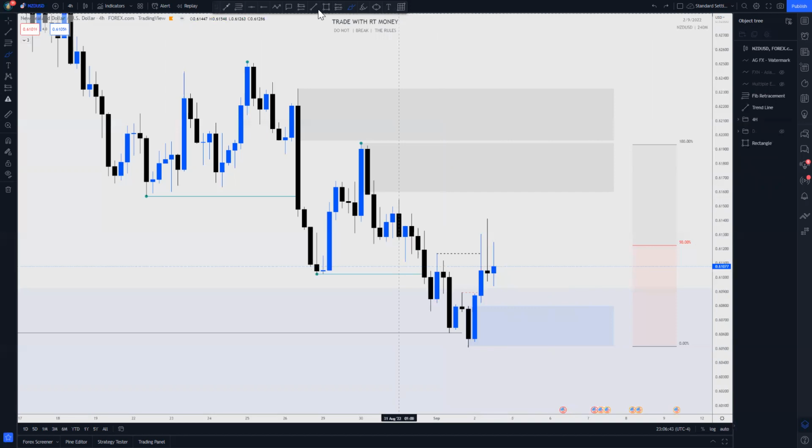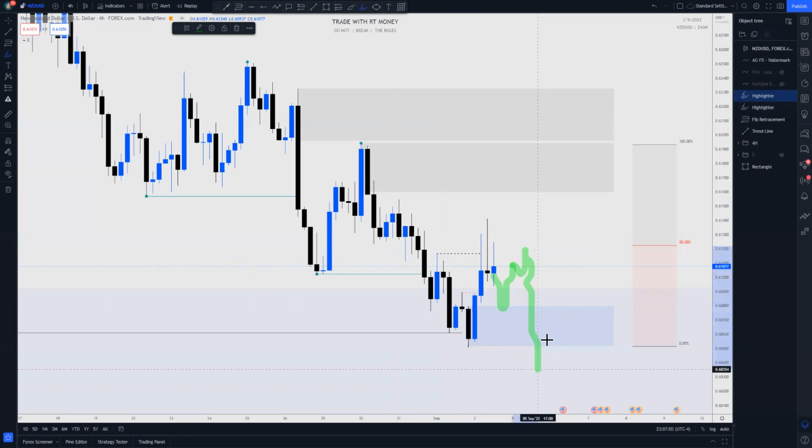I need to see price react to it, not go much higher, make the people who took buys here think that it's going into profit, and then comes back down and takes out the zone.